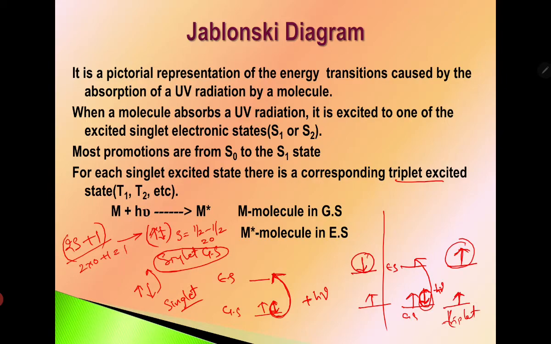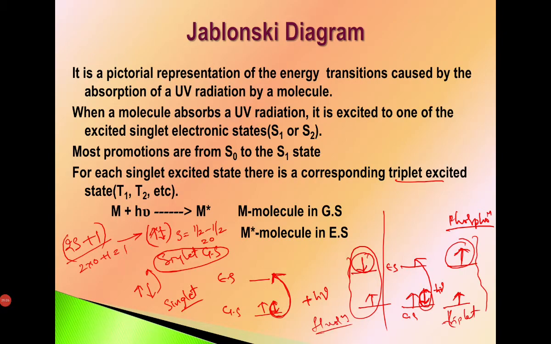So remember, the radiation emitting from the singlet state produces fluorescence, and the radiation emitting from the triplet state produces phosphorescence. This is explained by Jablonski in his Jablonski diagram.